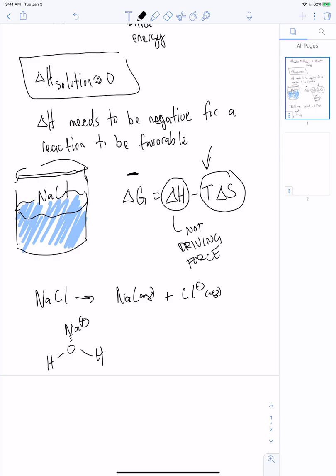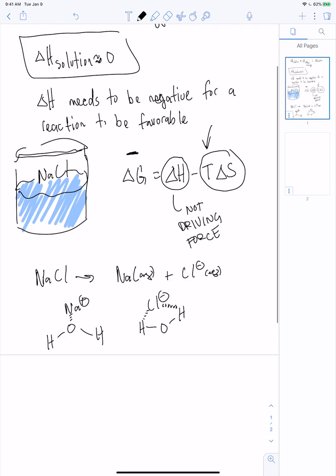And this increases the order within the solution, so that's not a good thing entropically. But it must be that the entropy associated with breaking up the crystal is more beneficial than the entropy associated with forming these bonds within the solution. Otherwise, we wouldn't see the process happening.